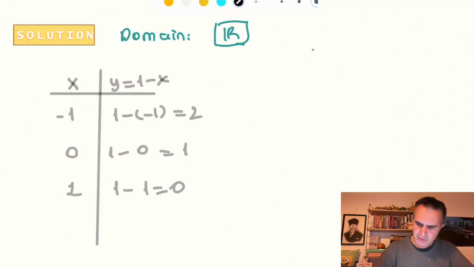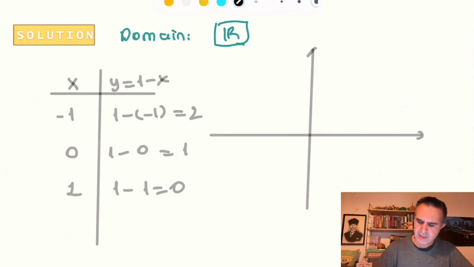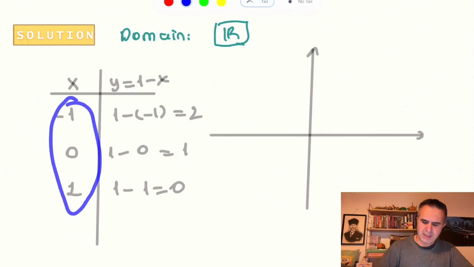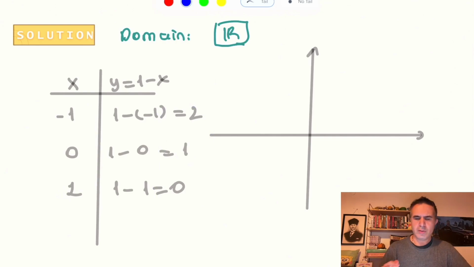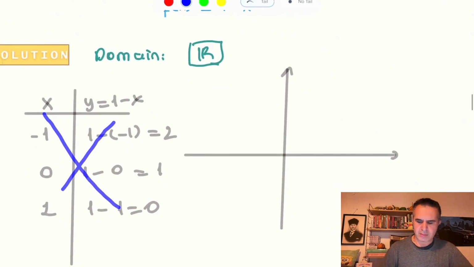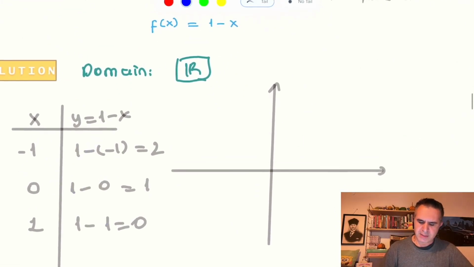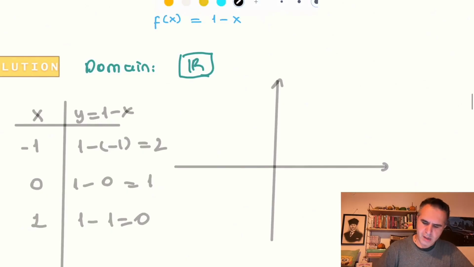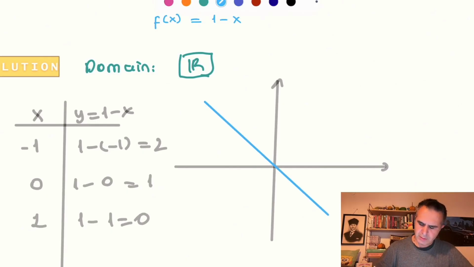To graph the function, if you know the graph of a linear function, you can use these points, or since this function is 1 minus x, the slope of this function is -1, and you can already draw the graph without using the chart, but it's up to you. 1 minus x, slope is -1.